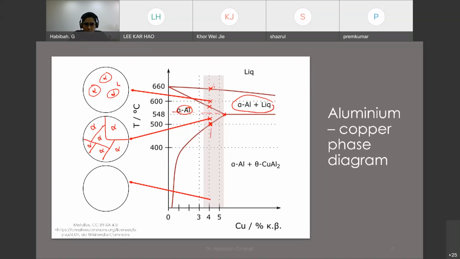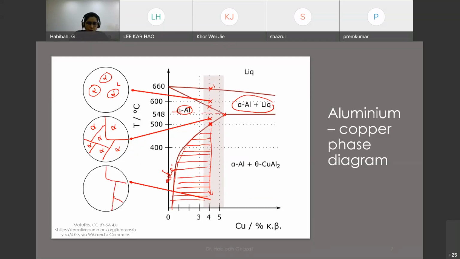When the temperature is reduced, we can see this is a solvus line. The crystal structure will start to shrink, and more and more copper will precipitate out at the grain boundary as the temperature drops.